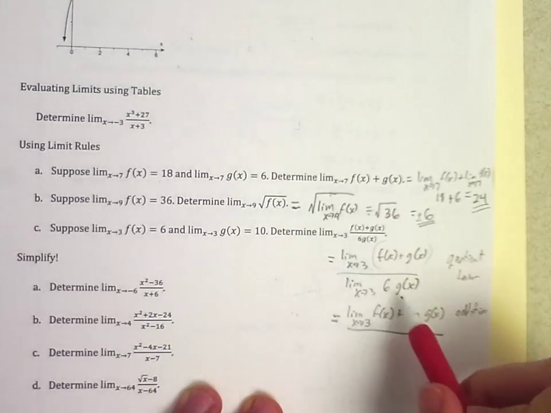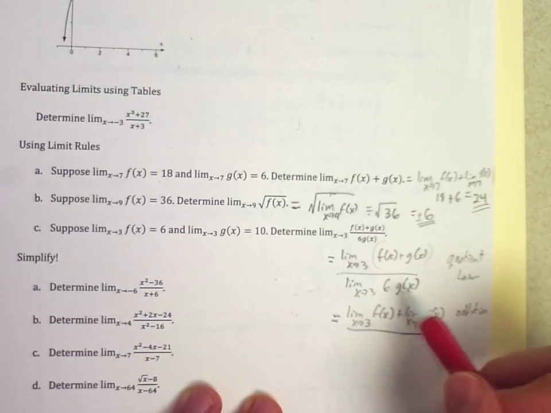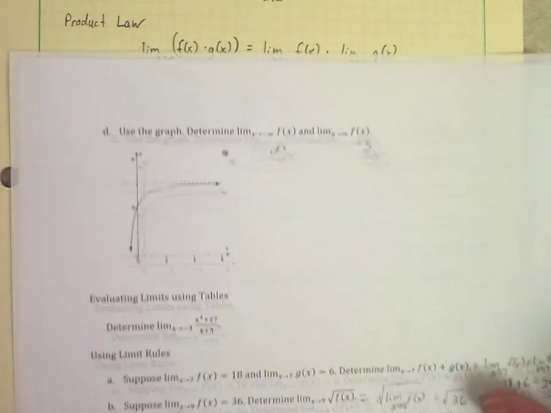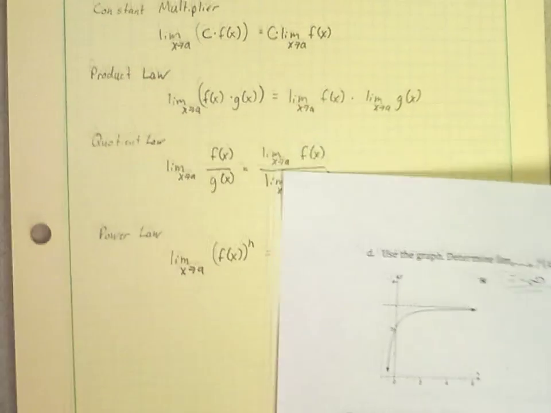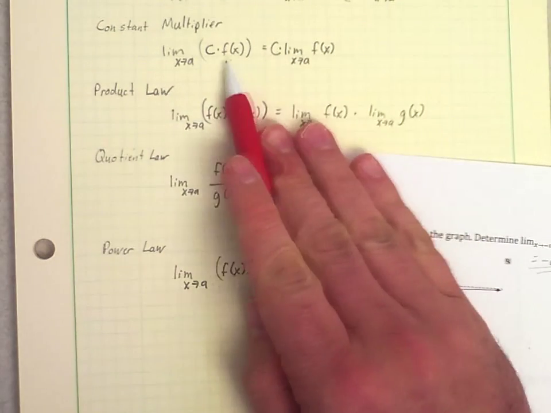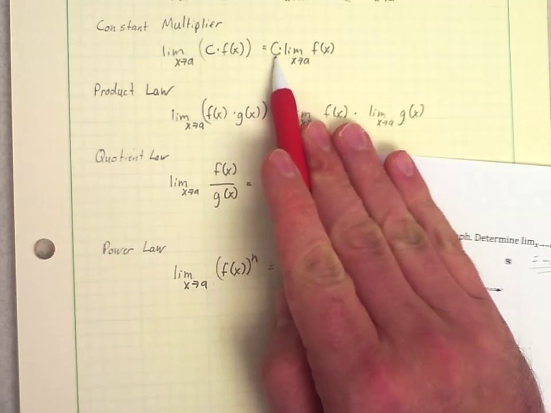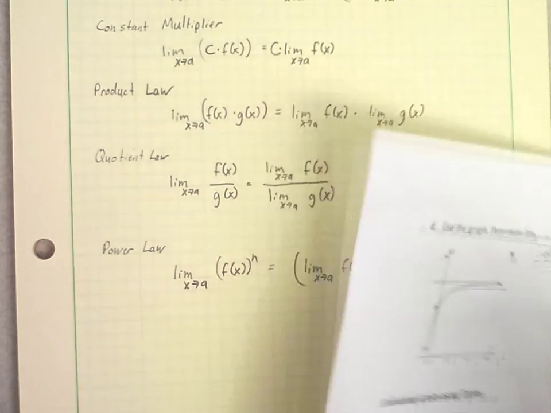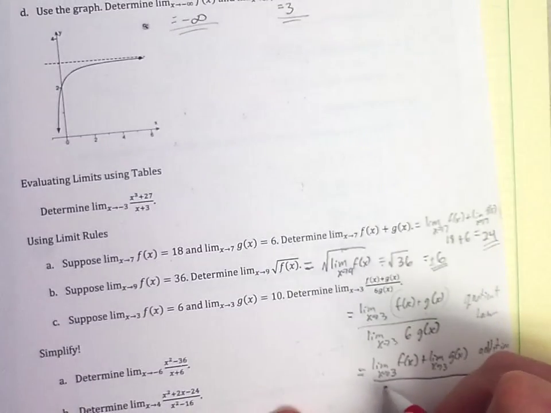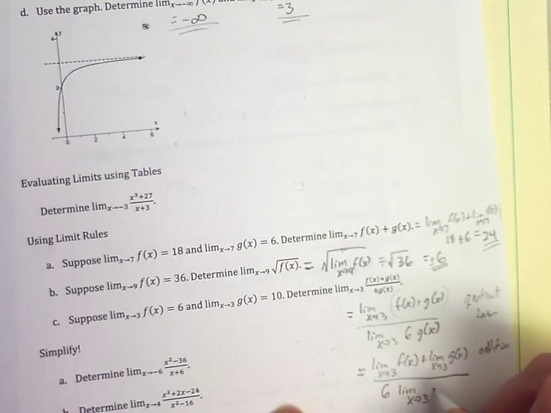We still have a denominator down here, but we can also pull it apart. We know because of the constant multiplier law that if we have a limit of a constant times a function, that's the same as the constant times the limit of that function. So this is the same as 6 times the limit as x approaches 3 of g of x.